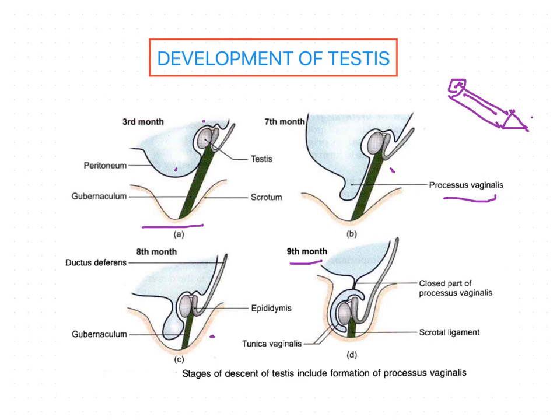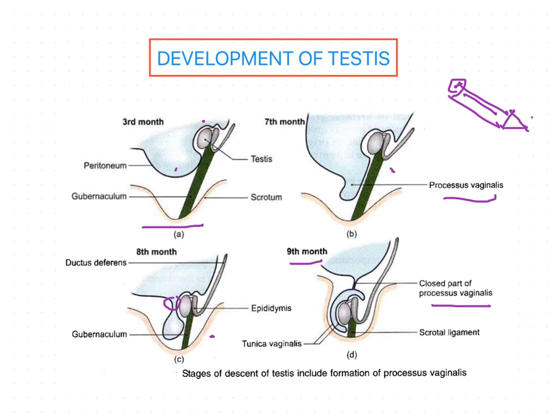Okay, the processus vaginalis closes above the testis. So if you can see here at the 8th month, the processus vaginalis is open here. Okay, open with the peritoneal cavity. By the 9th month, at the top of the testis this processus vaginalis is closed, and at the bottom it ends up as the tunica vaginalis.